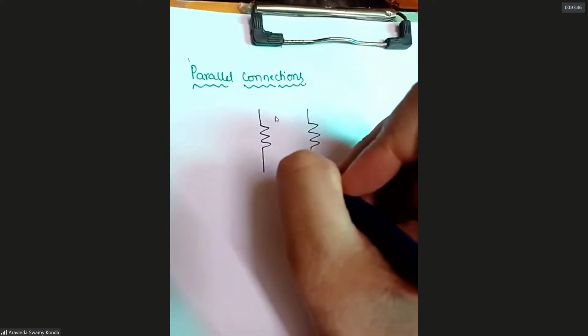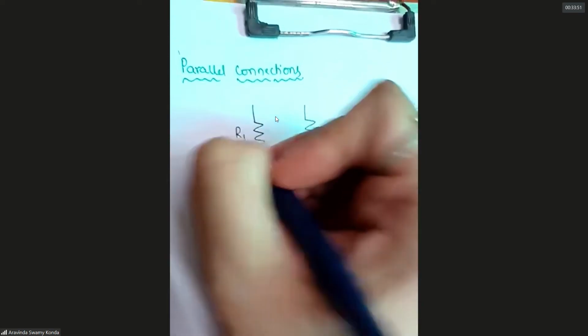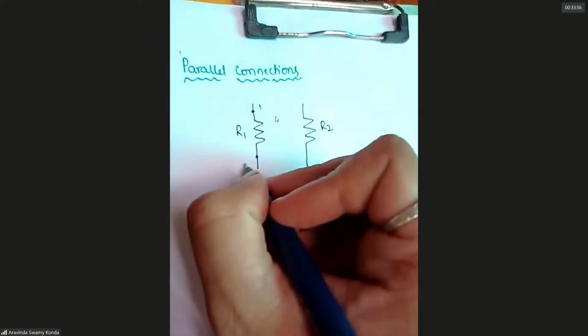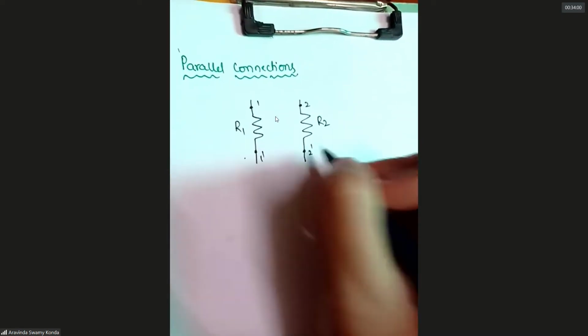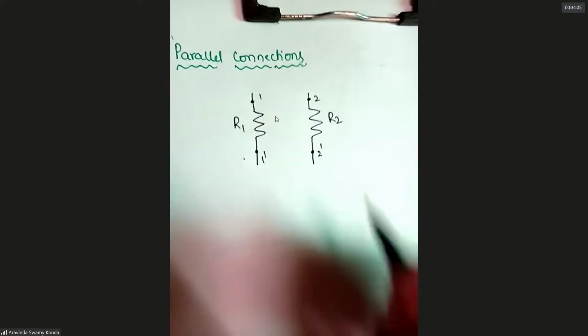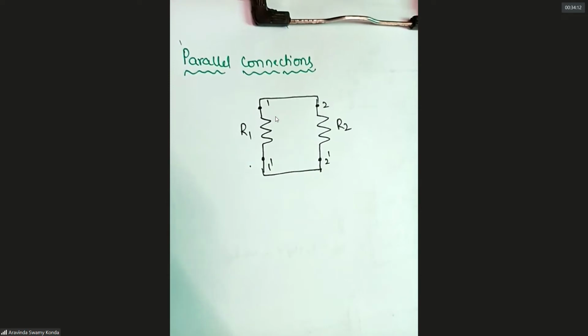When you are saying it is parallel, take two resistors, R1, R2. This is the first end, this is the other end. Parallel means connecting the same terminals. This is the parallel connection. Are you getting my point?